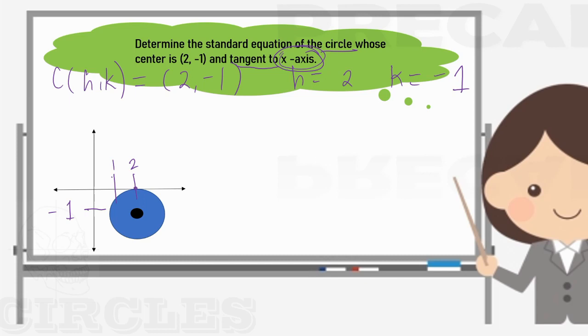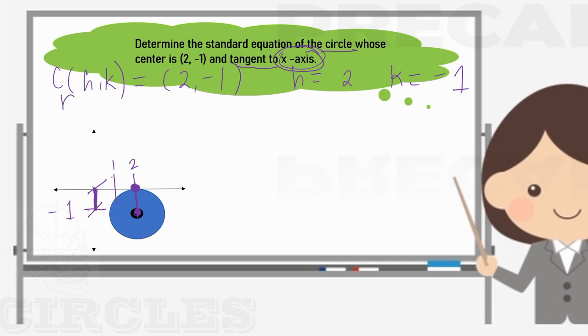So, para mahanap natin yung radius, yung radius is distance from the center to certain point in the circle. So, ito yung certain point. And then, para mahanap yung radius niya is etong distance na to. So, ibig sabihin, yung radius natin is 1 unit.